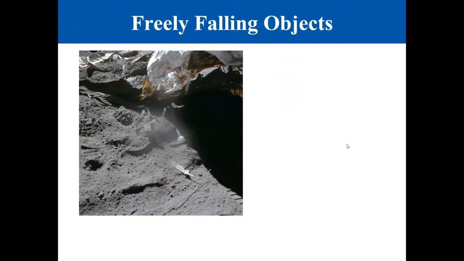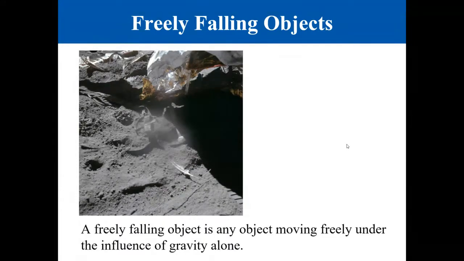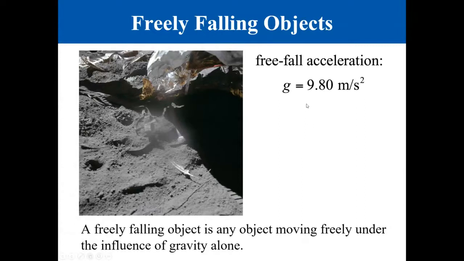In that case, the object will be accelerating down at a rate of 9.8 meters per second squared. This is called the free fall acceleration. By free fall, we mean there is no air resistance. We are ignoring air resistance, which is most of the time the case.